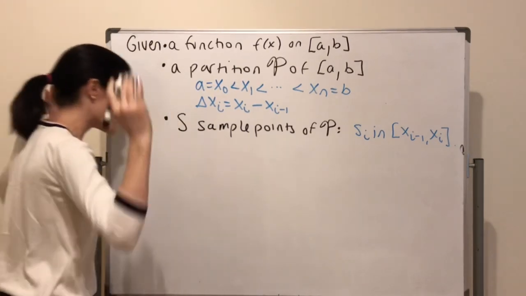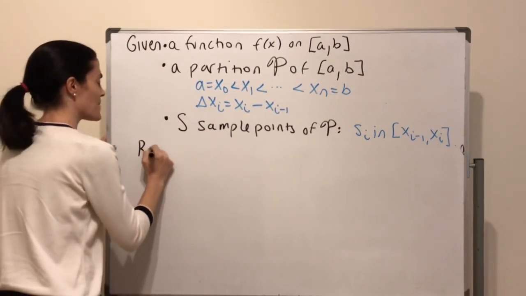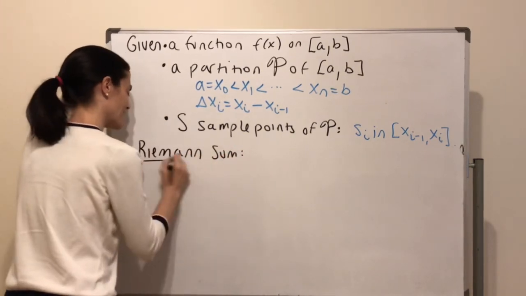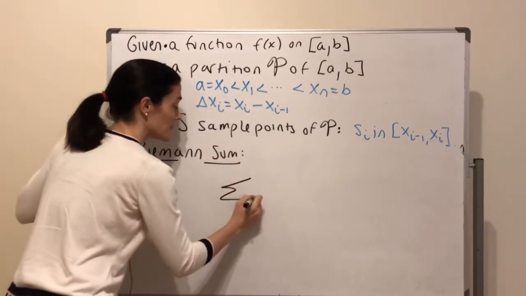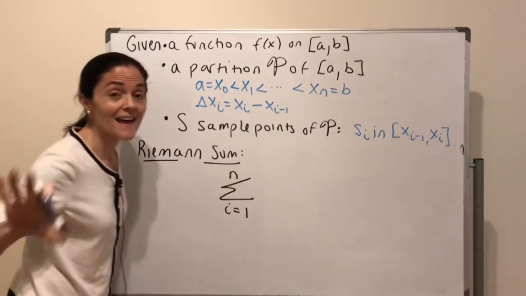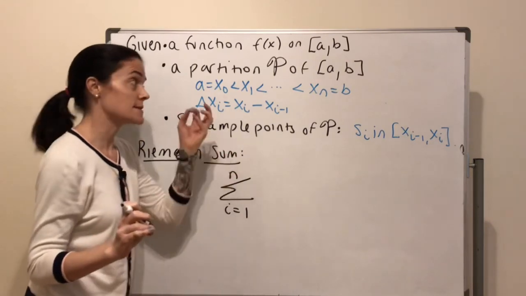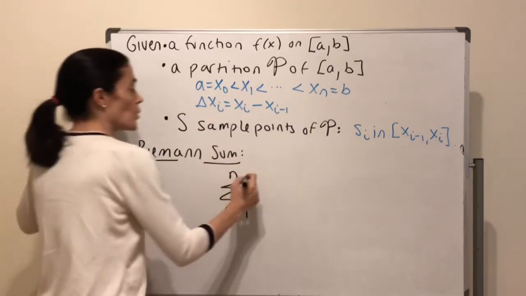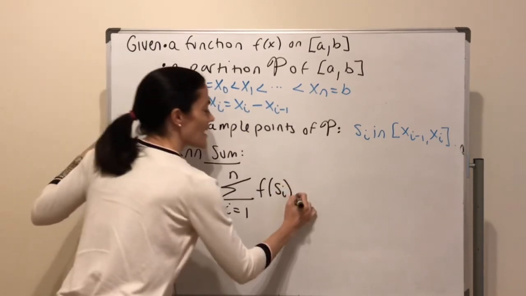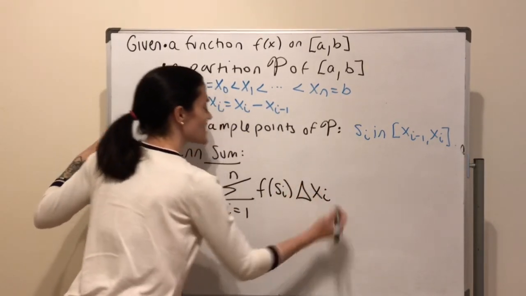1, 2, 3. Then the Riemann sum, well, it's a sum, and i goes from 1 to n, so we're adding over these subintervals. We have f of si times delta xi.